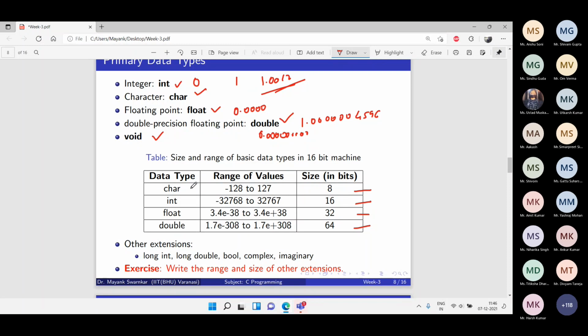So char is a character. Yeah. Sir, can't we assign negative values in float and double? Yes, we can assign. But in the range, it's not given that we can assign negative values. See, this range is not this range. Char. So if the range is like -128 to 127, it means char is a letter, right? Why is a number given in the range?